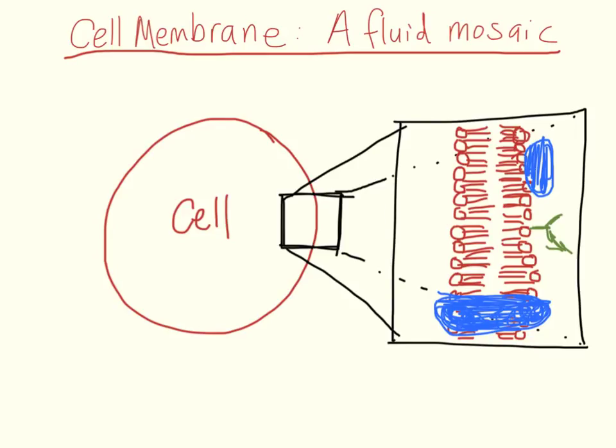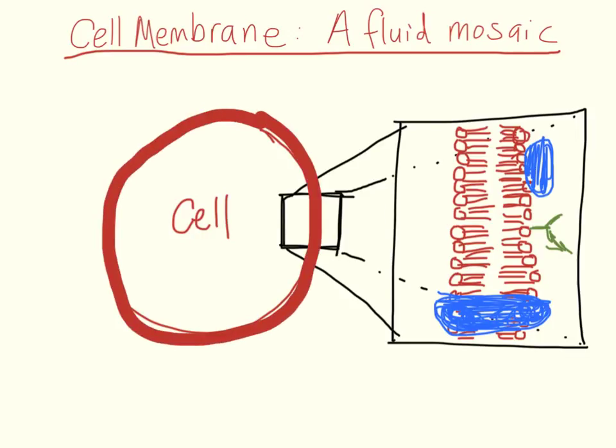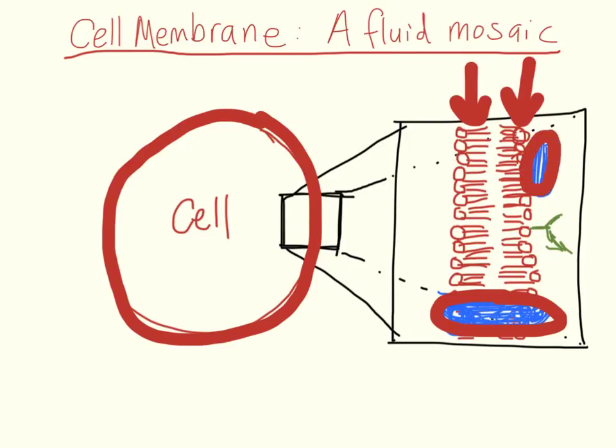So here we have a cell, and if we zoom in to the cell membrane, we can see that we have a bilayer of phospholipids, as shown here, and we have proteins that are either embedded within the bilayer or proteins that will attach onto the side.